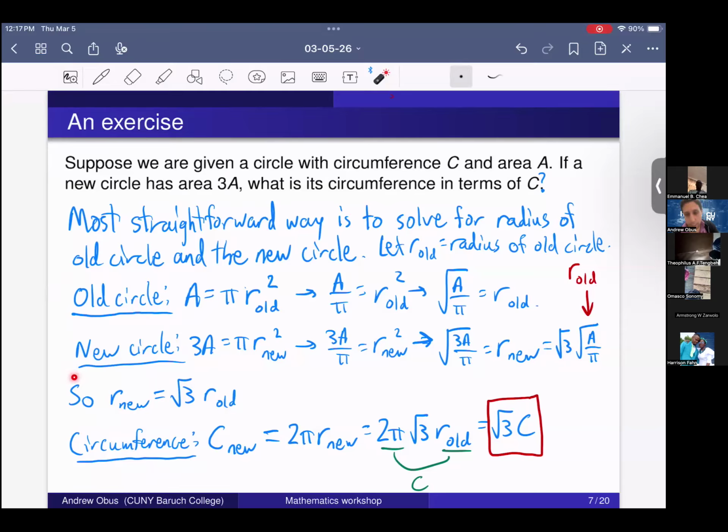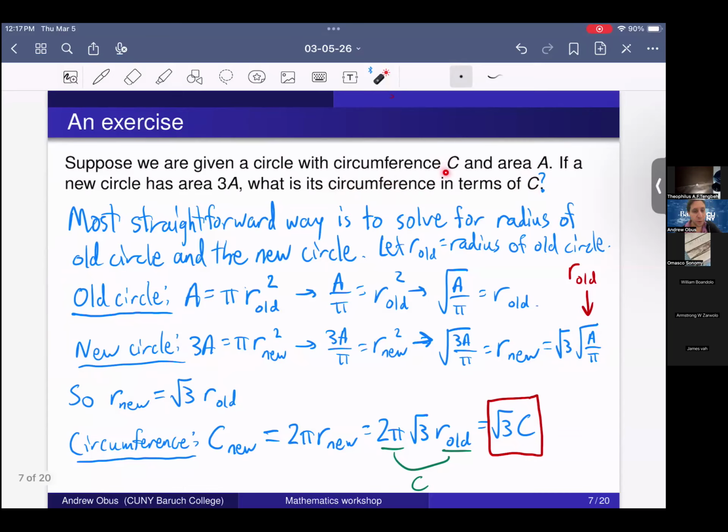So that's the first step. There's two steps. In the first step, we derive that the new radius is square root of 3 times the old radius. Now for step 2, we're trying to actually solve the problem. We want to know what is the circumference of the new circle in terms of the circumference of the old circle.